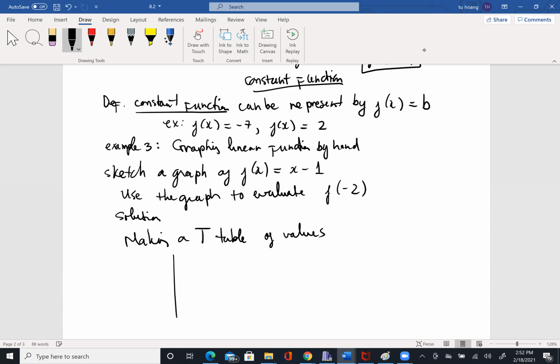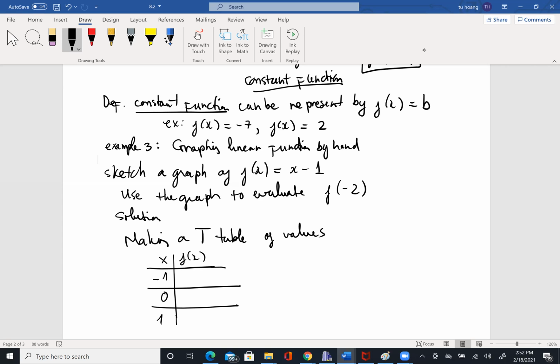Let's have x here and f of x here. I have, let's start with -1 and see what happens, and then 0 and then 1.